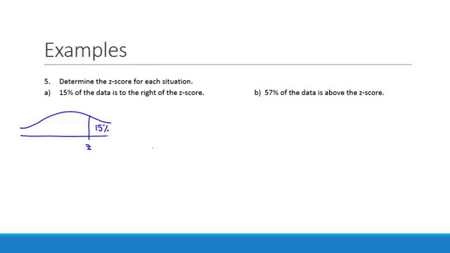This is my z-score I'm wondering about. Well, then that means 85% of the data is to the left. And remember, the z-score table tells you the percentage of data to the left of your z-score. So really what I can do is look in my z-score table for something that is close to 0.8500.